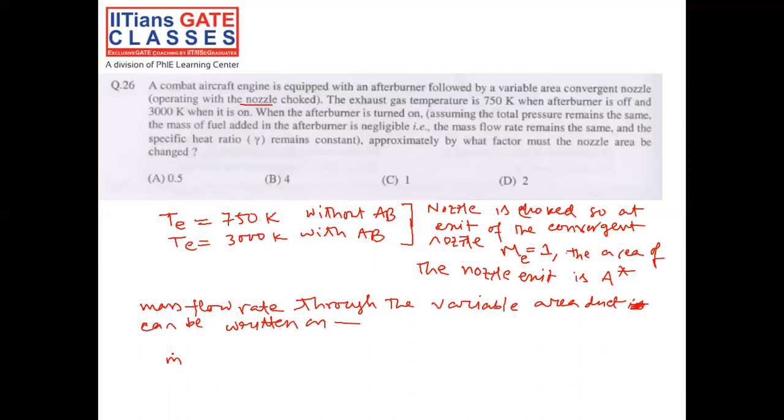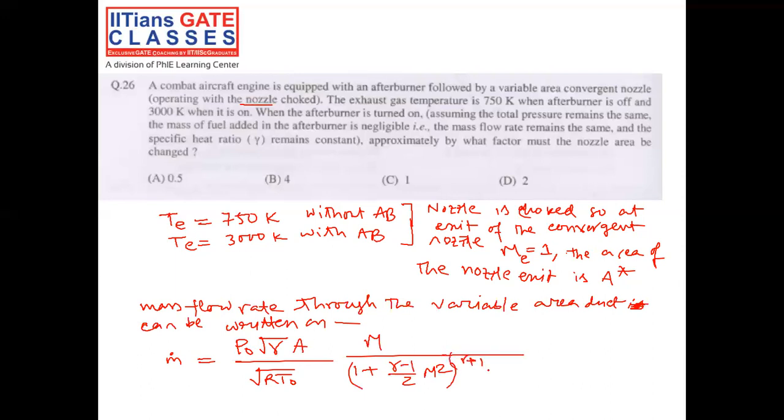can be given by this expression, that is m dot equal to p naught root over gamma A by root over R T naught multiplied by M by (1 plus (gamma minus 1) by 2 M square) to the power (gamma plus 1) divided by 2 into (gamma minus 1), right?